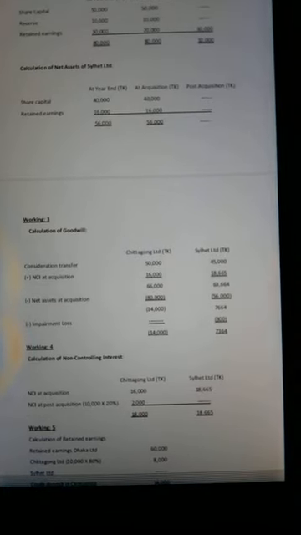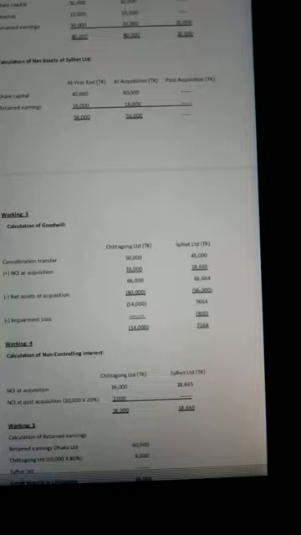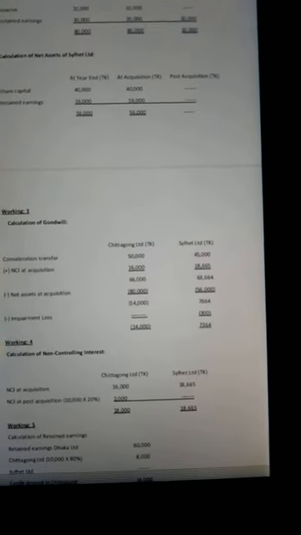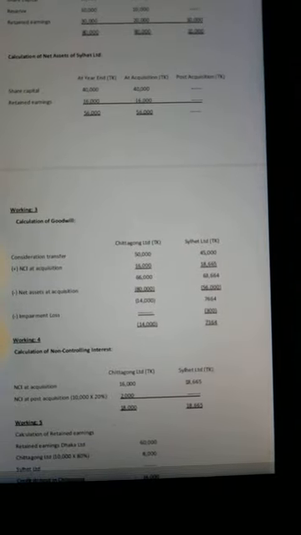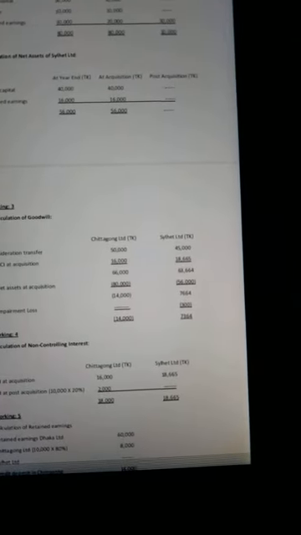Now, the net assets at acquisition: we have 80,000 and 56,000, and we have to deduct both. We'll get minus 14,000 here, and 7,664 for Sylhet.